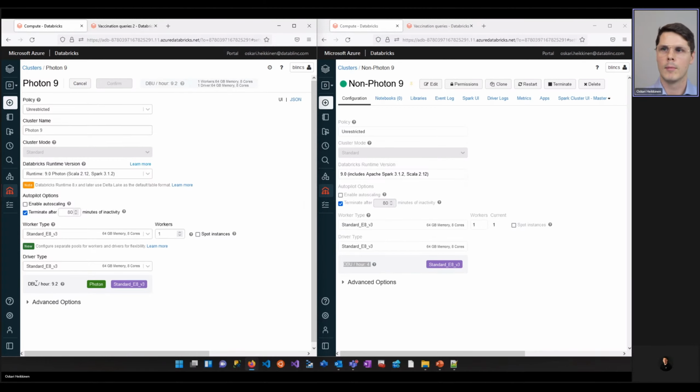So the next point will be to have a look at how to identify and actually verify that the Photon you are paying for, you're actually getting the value, that your queries are actually able to use the functionalities that have been currently built into Photon.